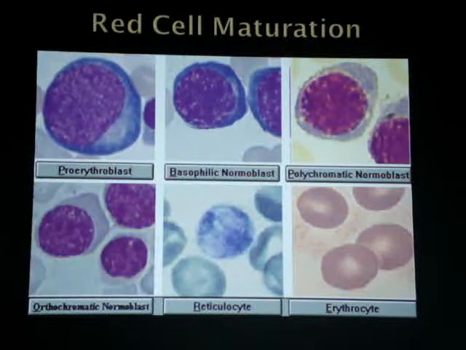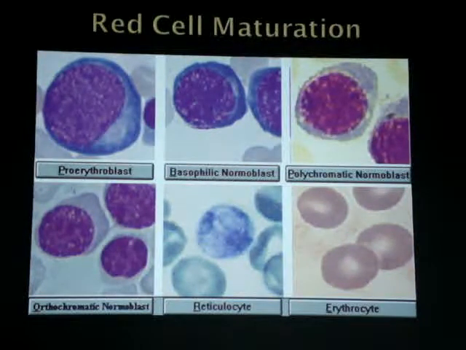Now, we all know, as discussed in your lecture, the first cell involved in the production of blood cells are the pluripotential stem cells. When we say pluripotential, they have the capability to produce all types of blood cells.